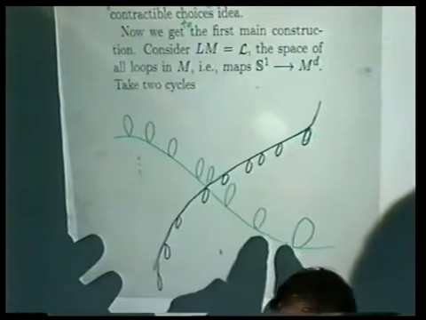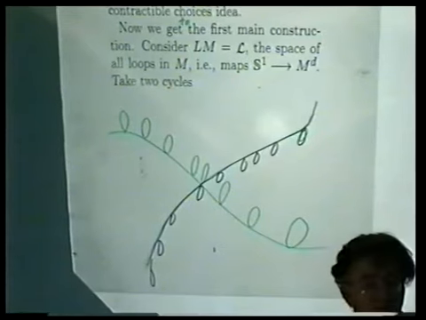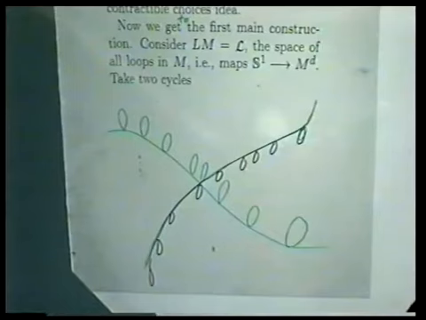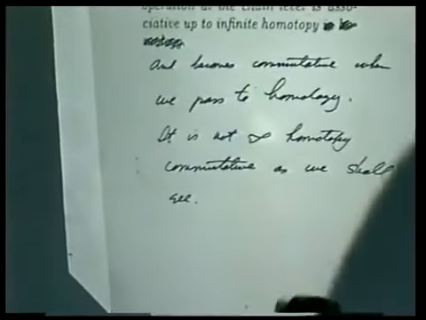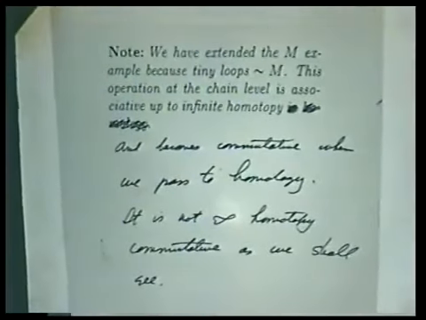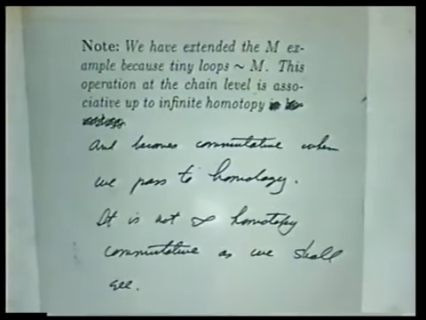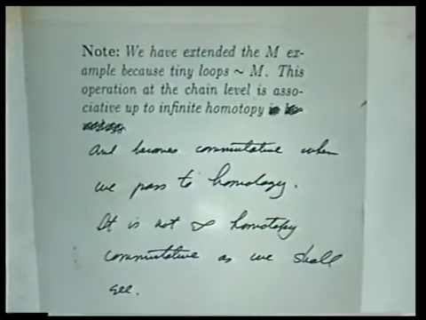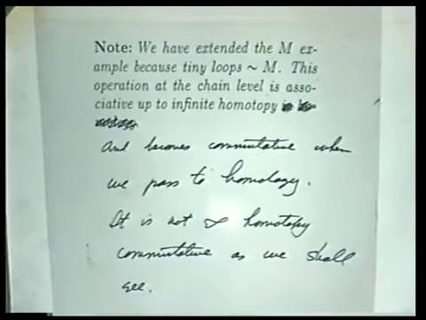So this is really just the ordinary intersection, an extension of good old intersection theory to this huge space. So we've extended the M example, because cycles of tiny loops in the loop space really are just homotopy equivalent to the constant loops, which is really the manifold.